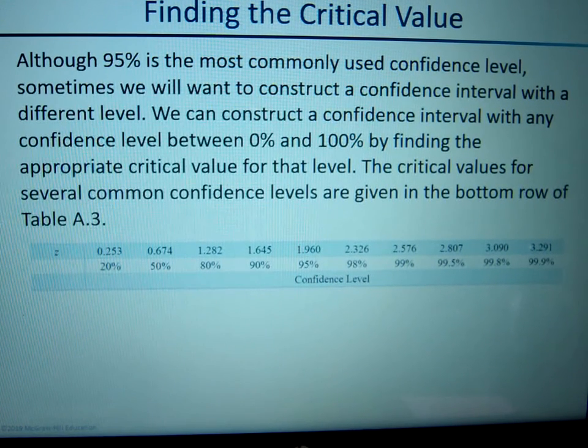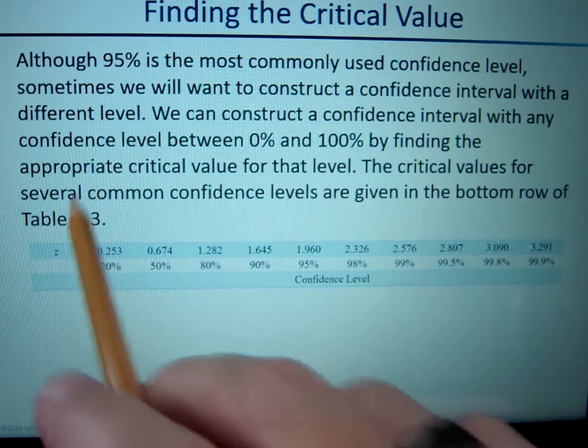And we can construct a confidence interval with any confidence level between 0 and 100 by finding the appropriate critical value for that level. Now, critical values for several common confidence levels are given in the bottom row. So these are the ones that are common.